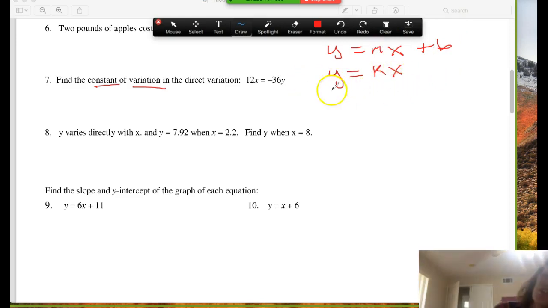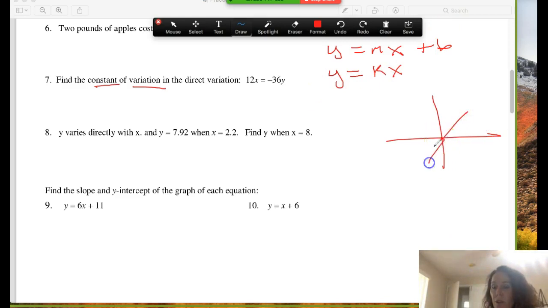So a direct variation is an equation of a line that goes through the origin, either positive or negative, because your y-intercept would be 0. So that's a little connection between that.